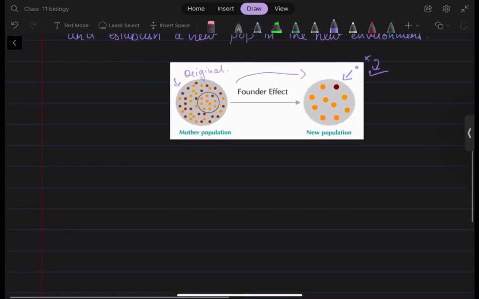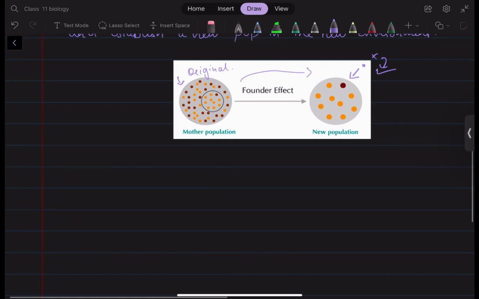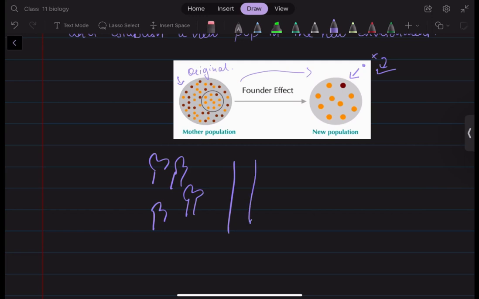For example, let us say there was a population of wolves, okay? So there were many wolves in one particular forest, and there was a river which separated the forest from a far apart mountain range.